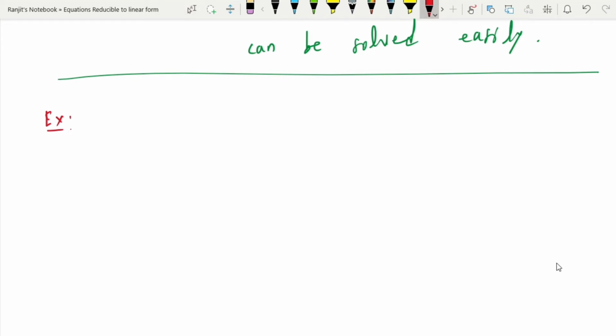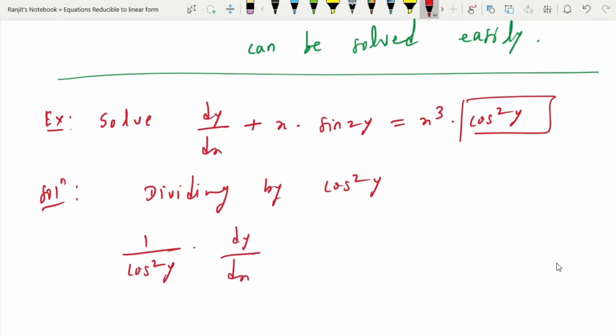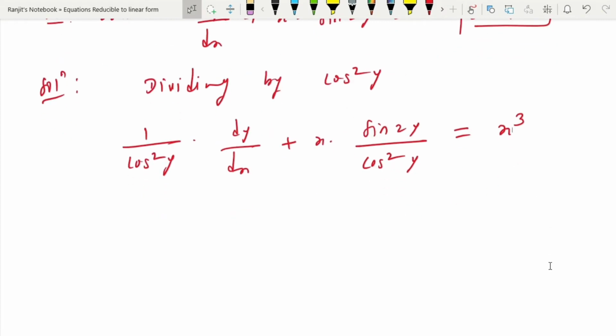The example is: solve the differential equation dy by dx plus x times sine 2y is equal to x cube cos square y. Dividing the given equation by cos square y, we get 1 upon cos square y times dy by dx plus x sine 2y upon cos square y is equal to, on the right-hand side, cos square y upon cos square y cancelled, x cube.